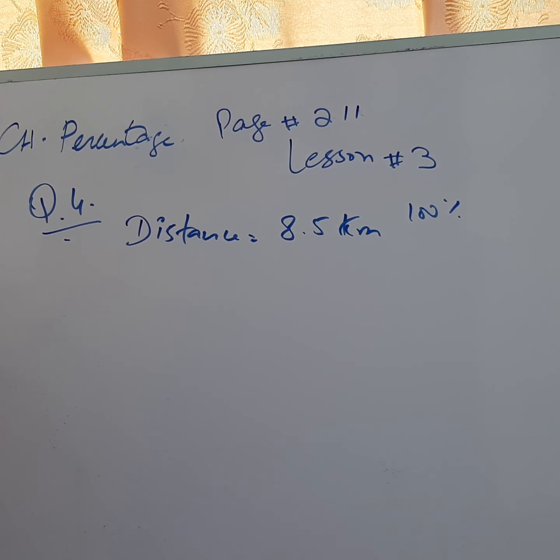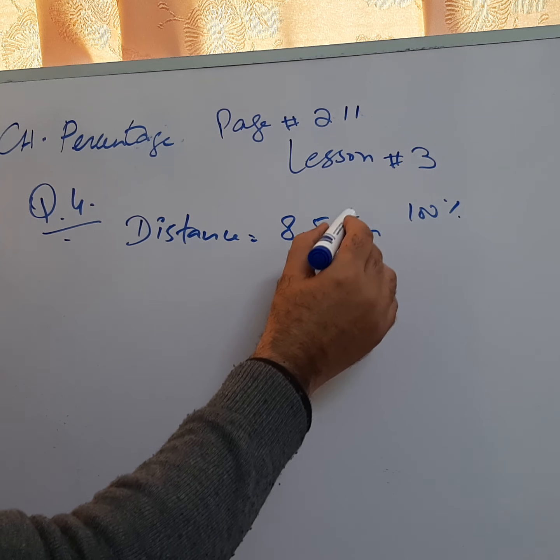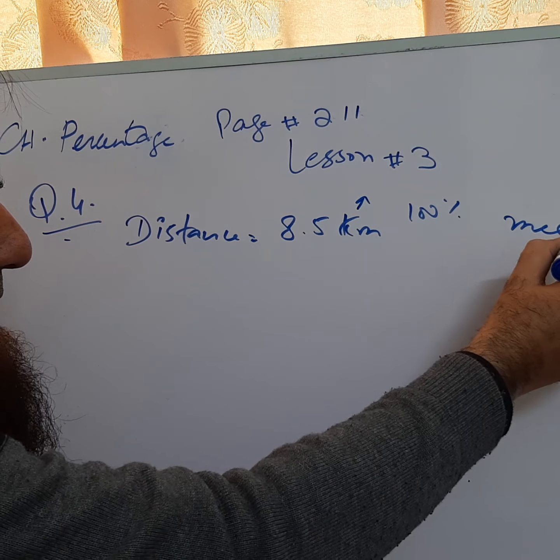Okay, the first athlete ran 25% of the total distance. The second athlete ran 45% of the total distance, and the third athlete ran the remaining distance. How far did the third athlete run? Give your answer in meters. This is in kilometers, so the answer should be in meters.